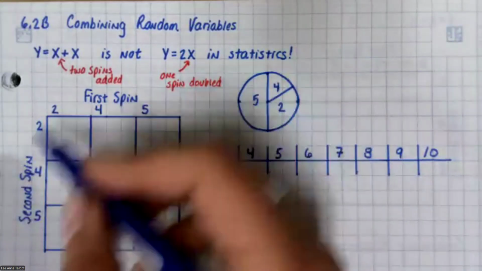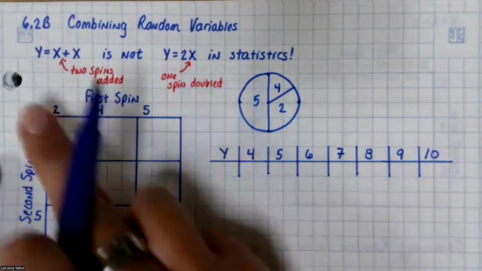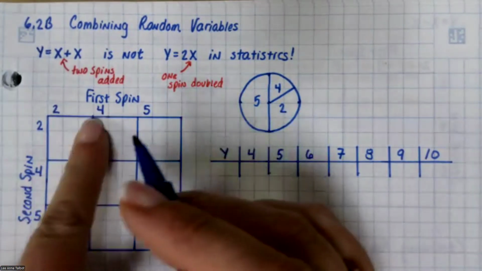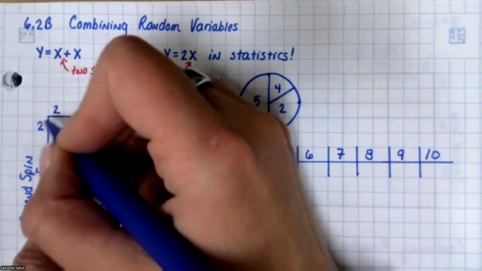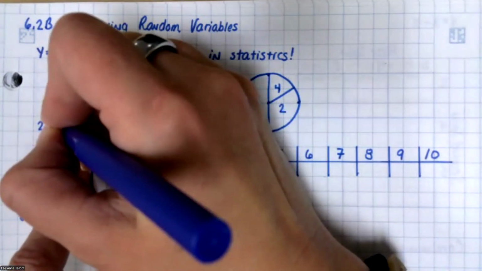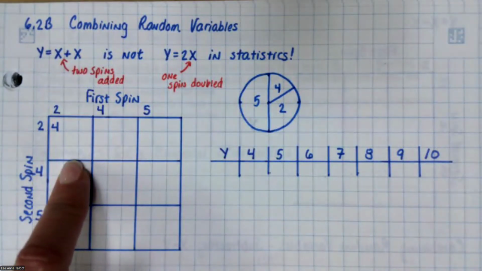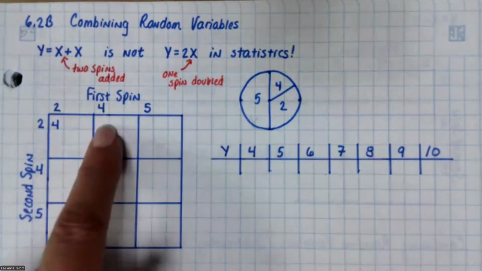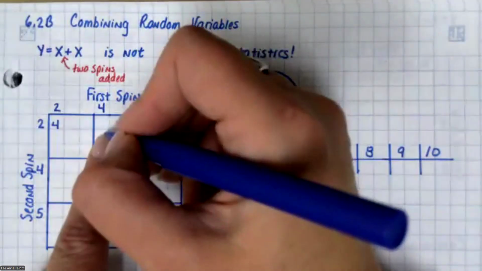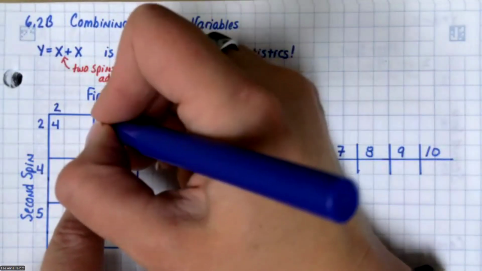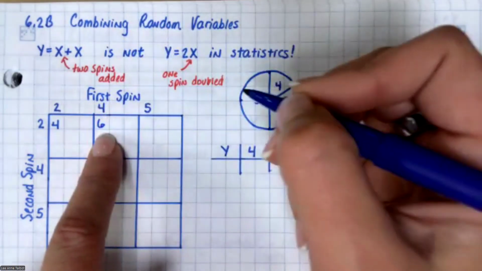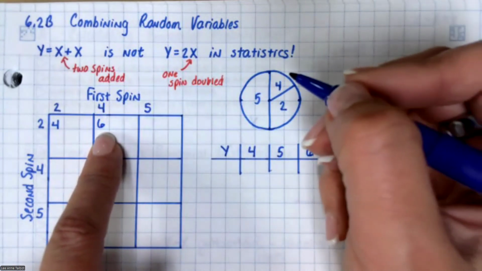This is x plus x, meaning I have a first spin and a second spin. In this box, my first spin was a 2 and my second spin was a 2, and I add them together and I get a 4. In this box, my first spin was a 4, my second spin was a 2, and I add them together and get a 6. Are you with me?